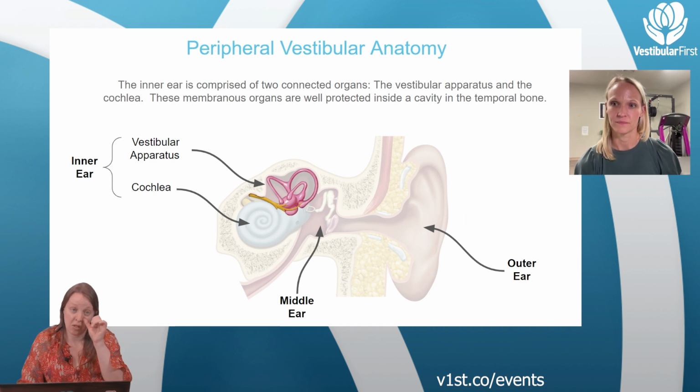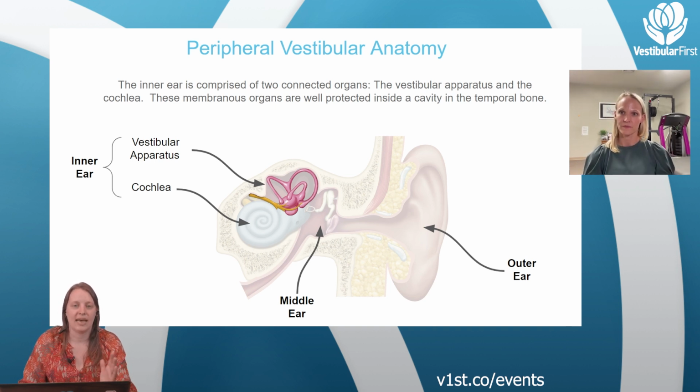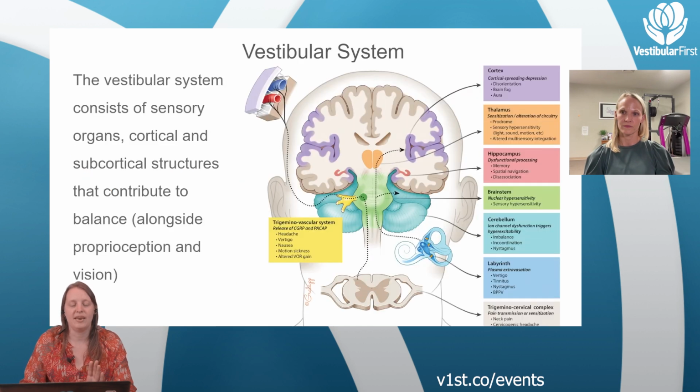So I always like to start all of our talks with a really super quick, basic, get everyone on the same page. So our vestibular system, inner ear balance system, and that we have one on the left and one on the right, and that sends information to our brain so that it can process that information about where we are in space, and it integrates that information along with our body sense information or proprioception or somatosensory, I've heard it lots of ways, as well as information from our eyes, our vision, and even information from our hearing and also our past experiences.